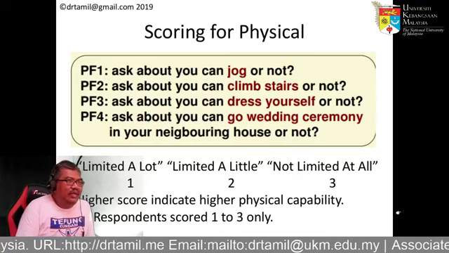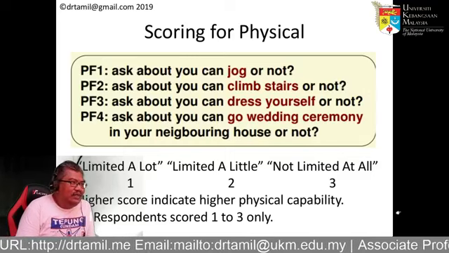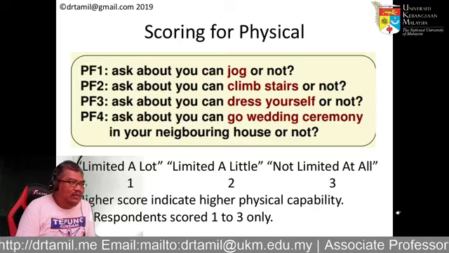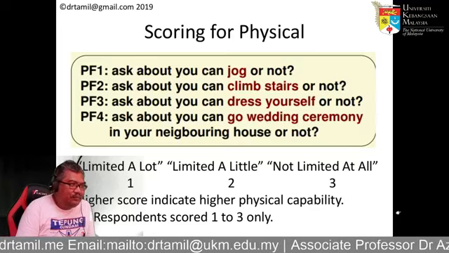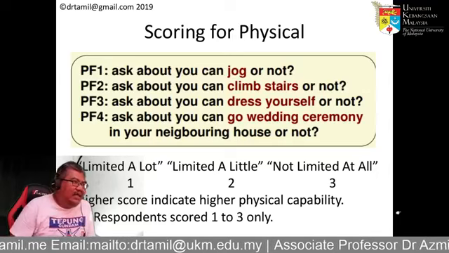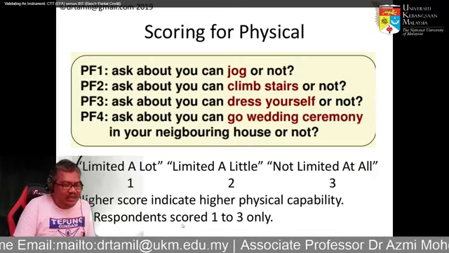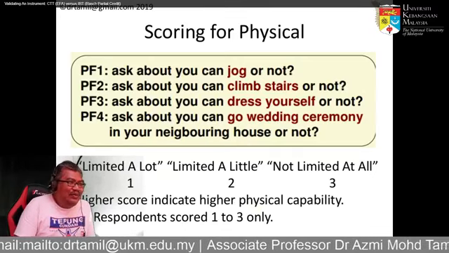Can you go to the wedding ceremony in your neighboring house or not? So the answer is 1, 2, and 3. 1 is limited a lot. 2 is limited a little. 3 not limited at all. Higher score indicate higher physical capability, and the respondents are supposed to score 1, 2, 3 only.